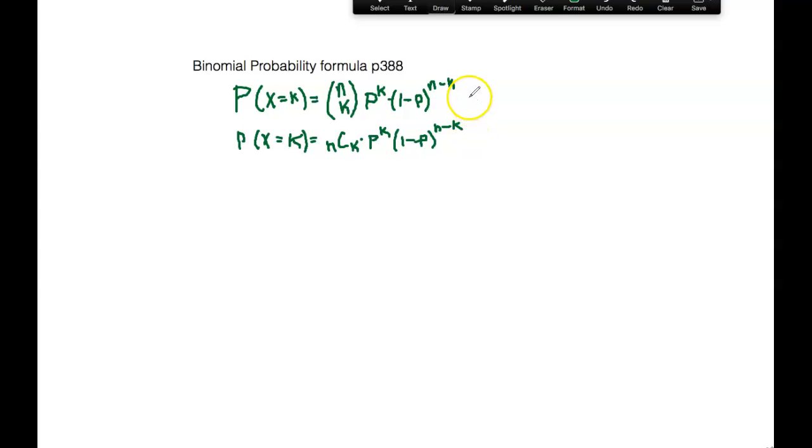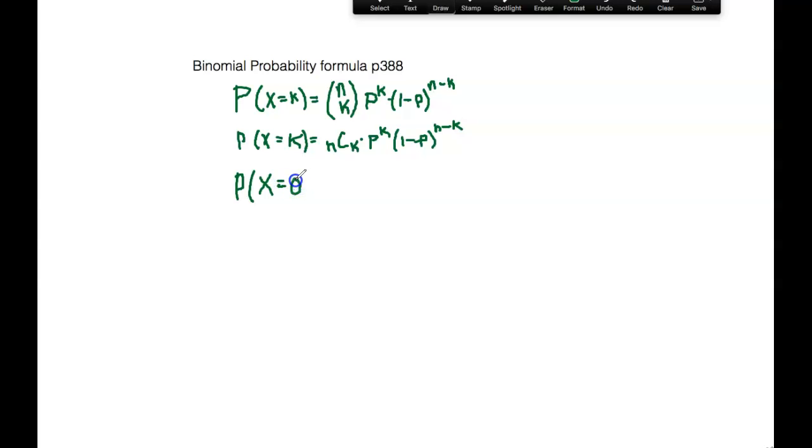So let's go through the formula. I told you that on the previous page, the probability of getting 0 questions right follows a binomial distribution. Probability X equals 0. I would do this on the Nearpod, but it takes a while.